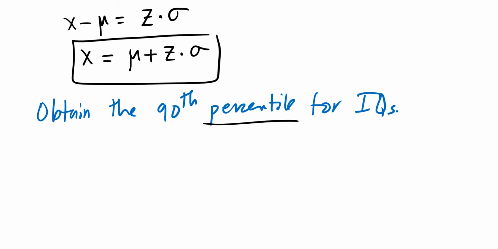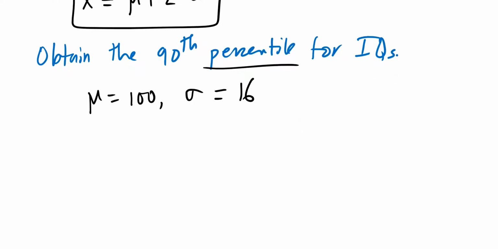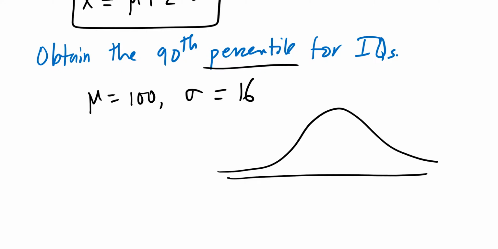That's percentile. Of course, the mean is still the same as before, and the standard deviation is 16. What the percentile really is on the graph: if we draw the bell shape, and this is the mean, 100, and the 90th percentile, think about it as 90%.